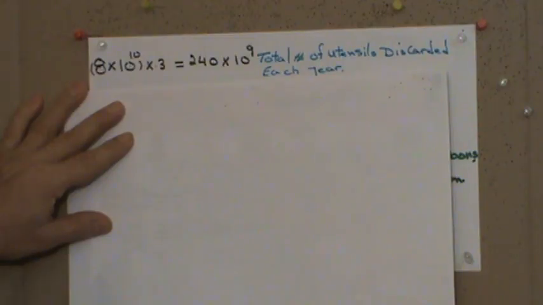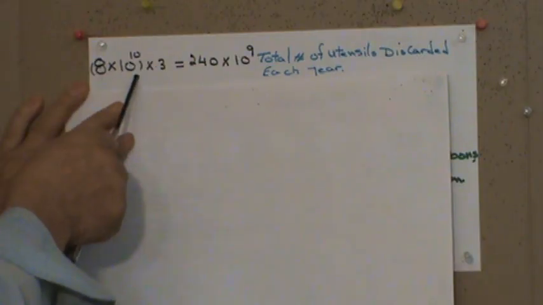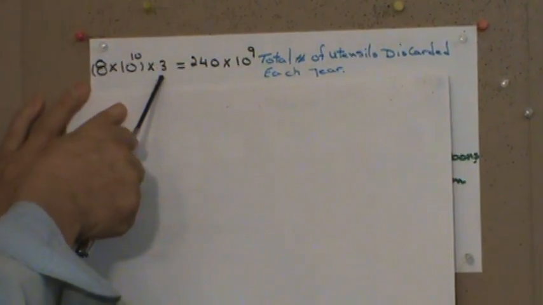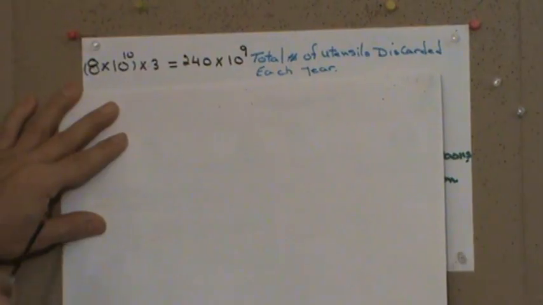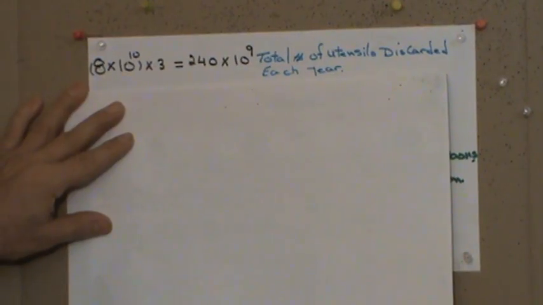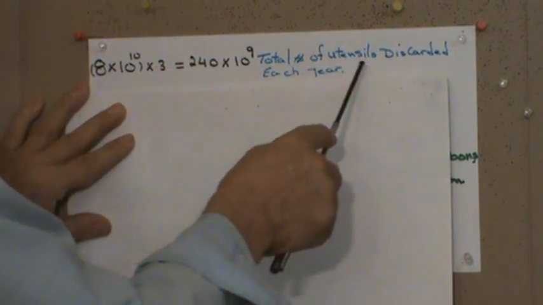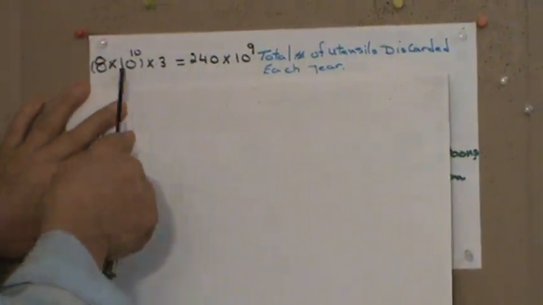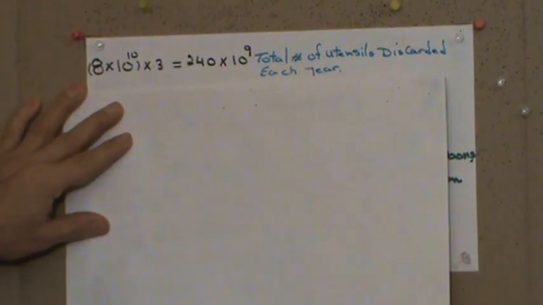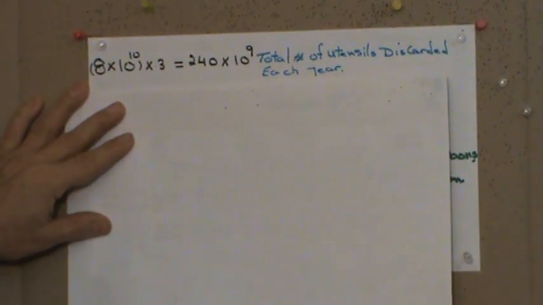It says knives, forks, and spoons. So there are 3 of them. So I multiply this number by 3. So that will be the number of knives, forks, and spoons, the total number of utensils that is discarded each year, according to the given problem. You follow me so far?